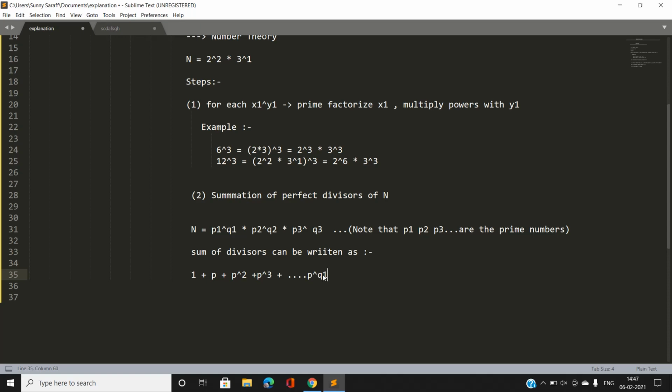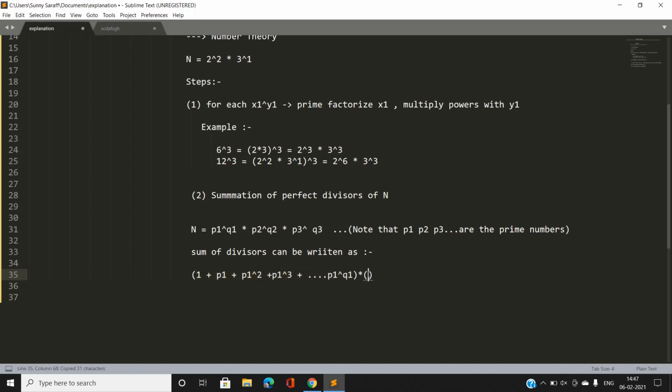Okay, so for this part I can write the sum of divisors as this one, multiplied by, again for the p2 case, I am going to write 1 plus p1 plus p1 square plus p1 cube up to p1 power q1, and again for the second case p2 power q2, I am going to write, let me copy this statement and paste it here.